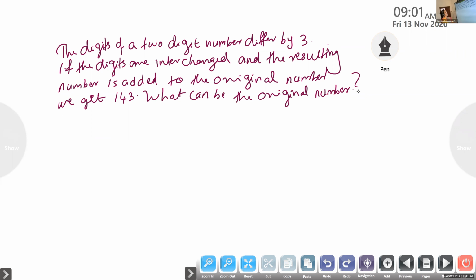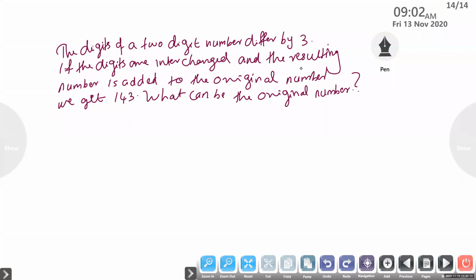Digits of a 2-digit number differ by 3. All of you wrote the question?